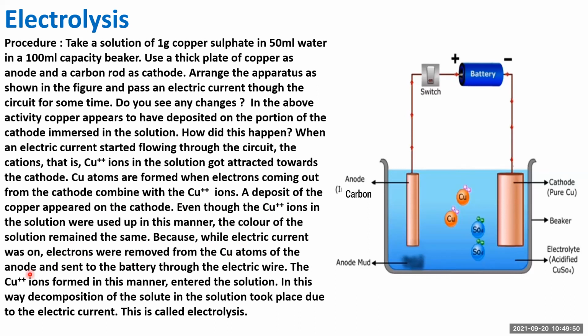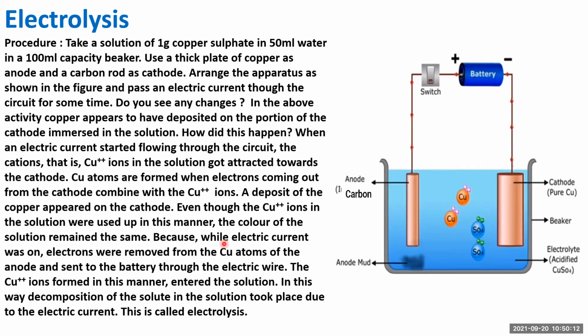After performing this activity, the bluish color of the solution remains constant. It will not change because electrons come from the battery to one electrode, and similarly electrons go out of the electrode to the other terminal of the battery.